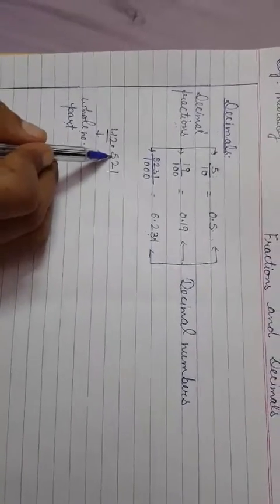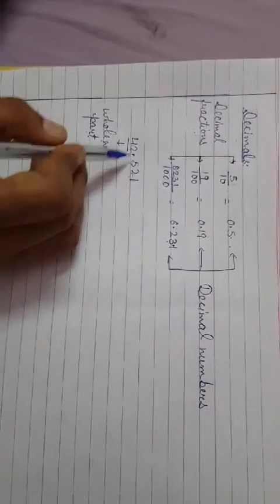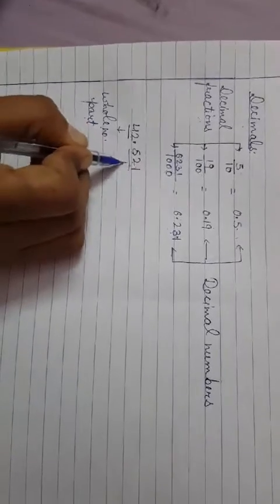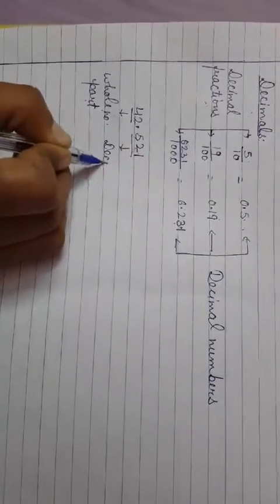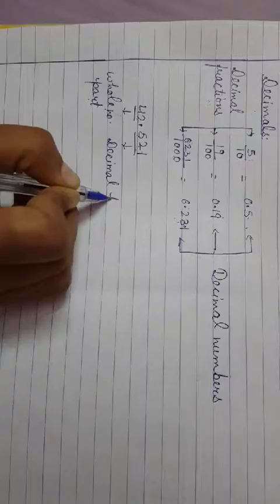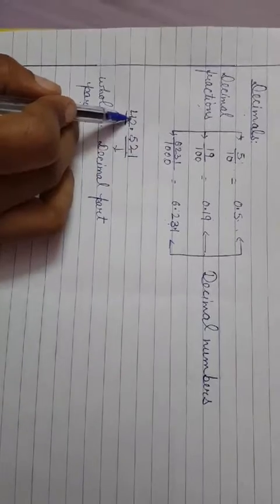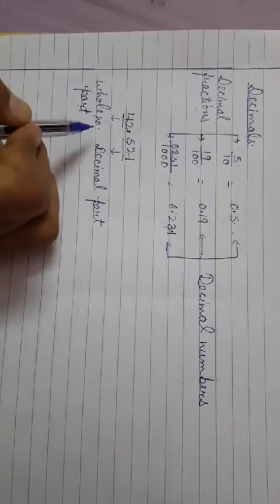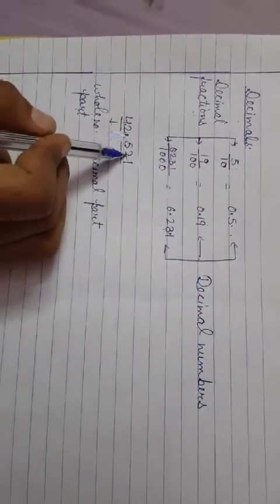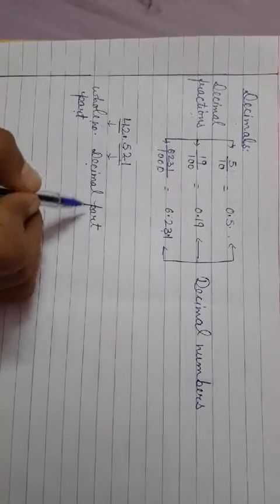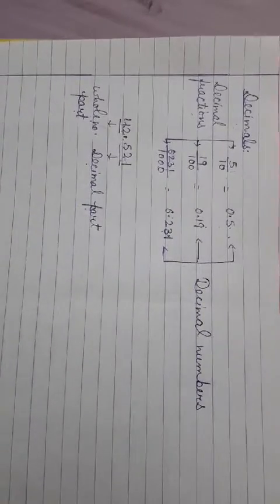Now you can see 5, 2 and 1. These three numbers are written on the right side of this decimal. So this is called decimal part. Okay. The part written on the left side of the decimal is called whole number part, and the part written on the right side of the decimal is called the decimal part. Okay.